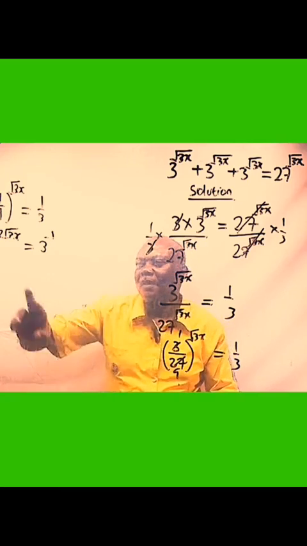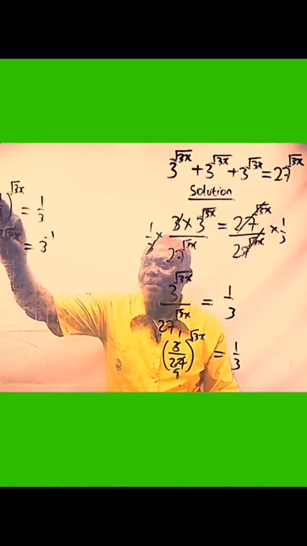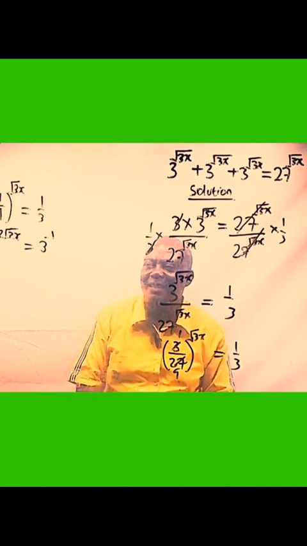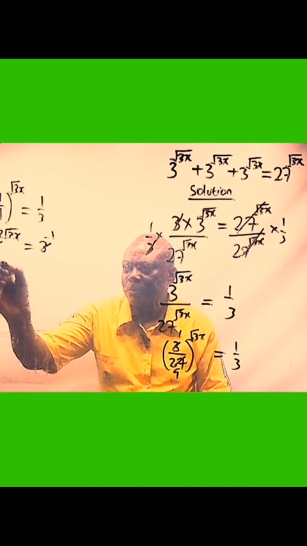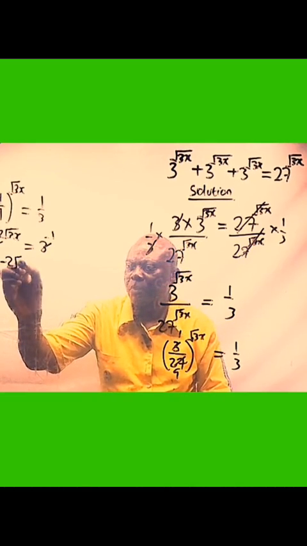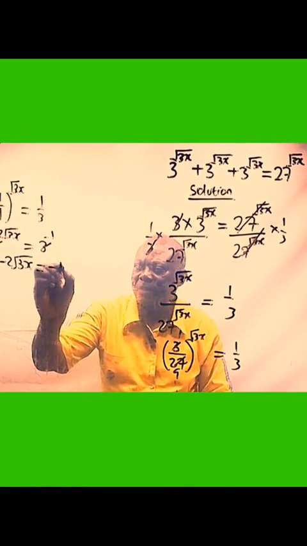I'll explain. 9 is 3 squared, and when you eliminate the reciprocal, you have minus 2 here. So this and this will cancel out. The equation now becomes minus 2 root 3x, which equals minus 1.